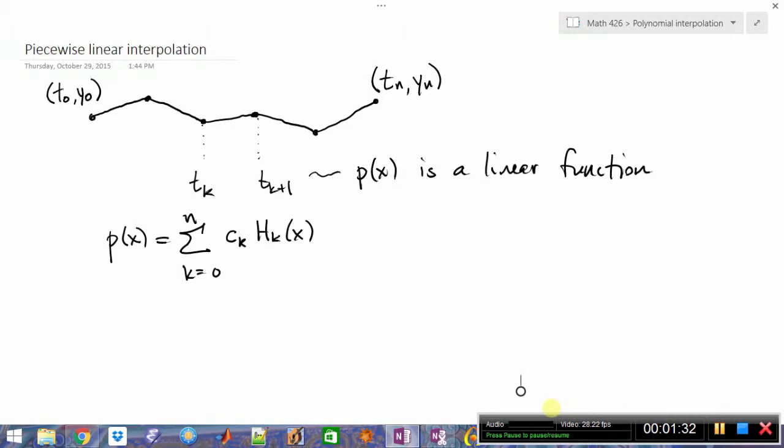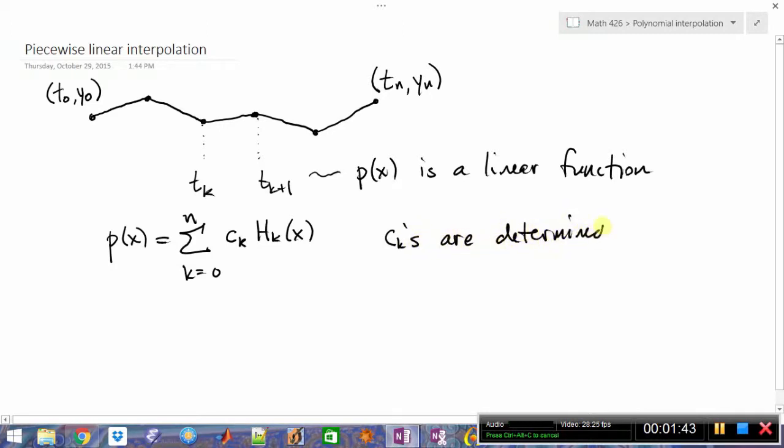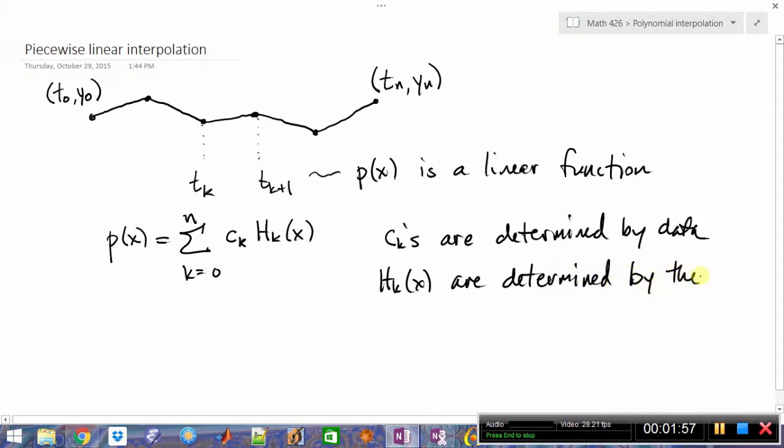All right. So the ck coefficients here are determined by the data. The hk's are determined by the t-values.